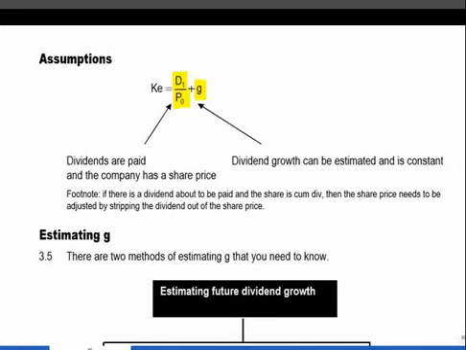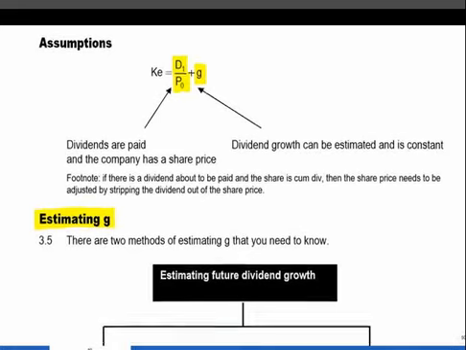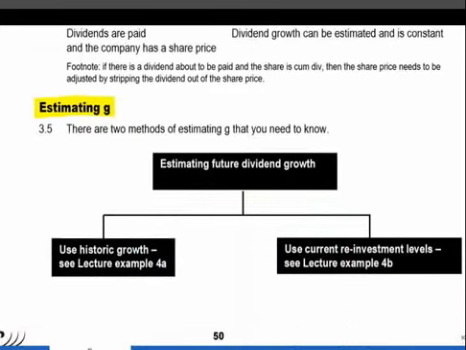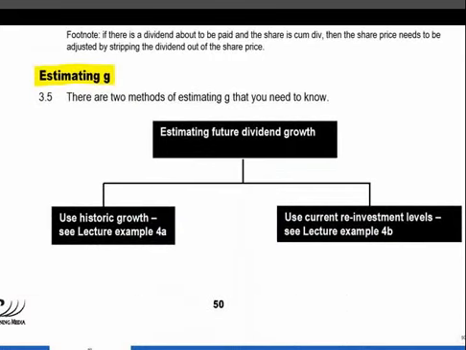Let's have a look at how you might have to estimate the growth rate in the exam. The growth rate in dividends is often given in the exam, but if you have to estimate the growth rate, there are two methods that you need to know. First of all, you need to be able to assess the historic dividend growth rate, and then you could assume that that's going to continue for the future.